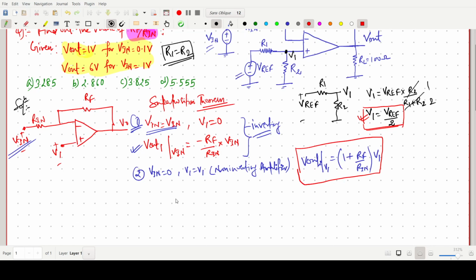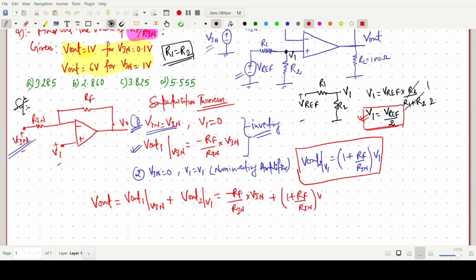Now in the superposition principle, we have to add both outputs. The total output is V output 1 due to input voltage V in plus V output 2 due to input voltage V1. So the total output is minus RF by Rin into V in plus 1 plus RF by Rin into V1.